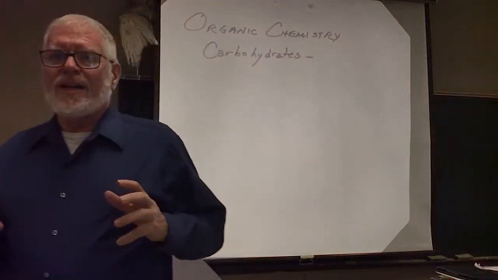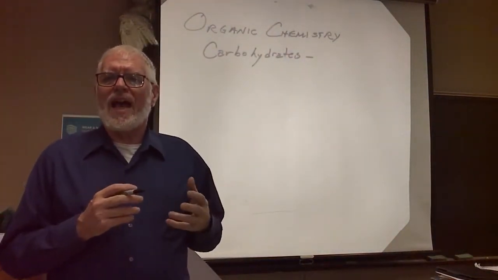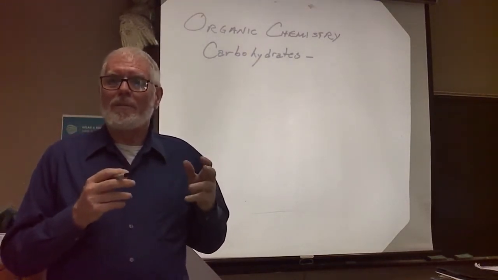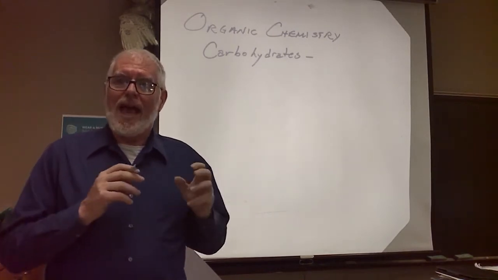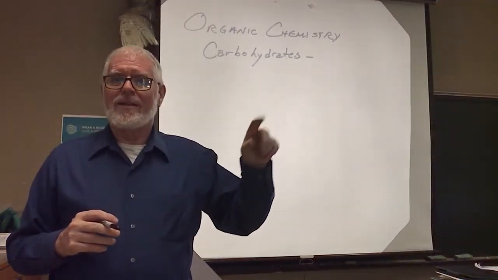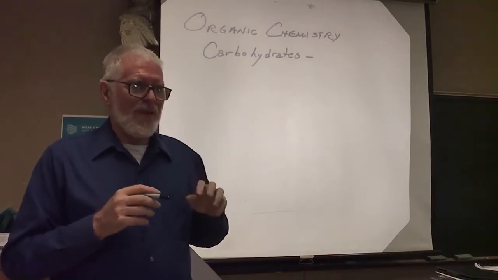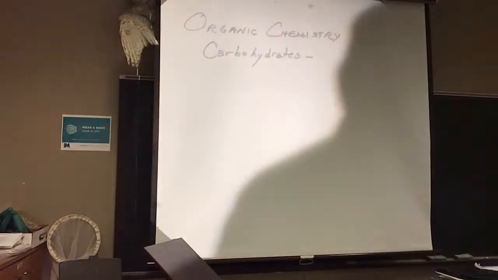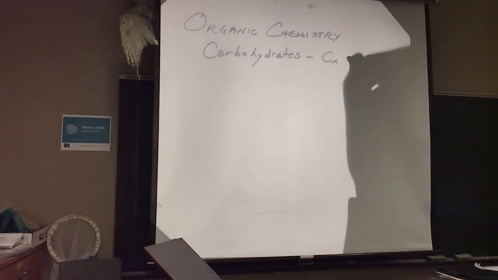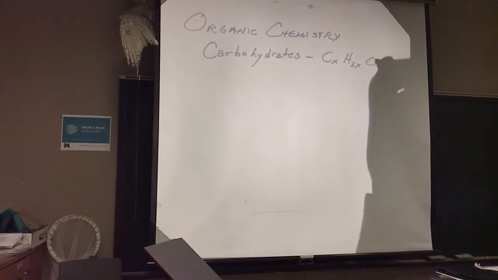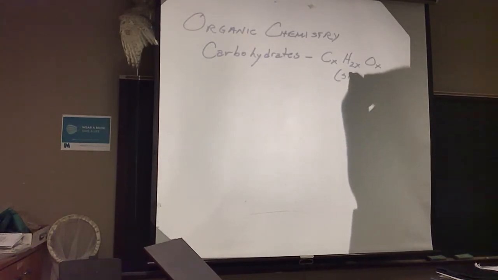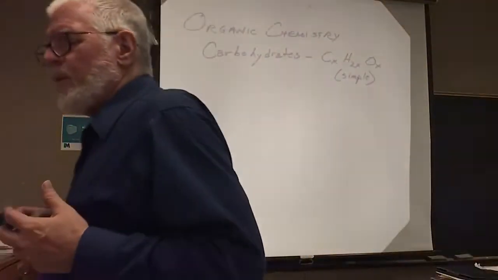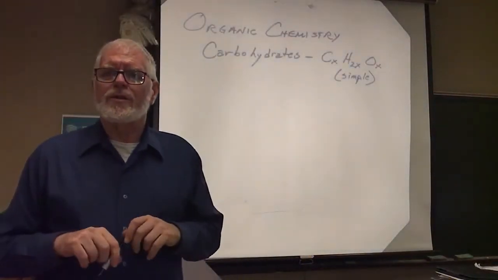So eventually they found, when they broke sugars and starches down, if you broke them down carefully, you didn't just necessarily burn them up, you would get carbon and water, hydrate. And they found that at its simplest form, you got this as a formula for what they call simple sugars, single molecule sugars.